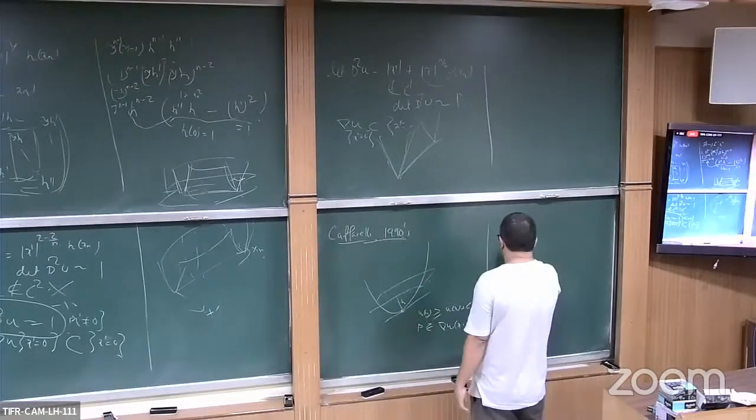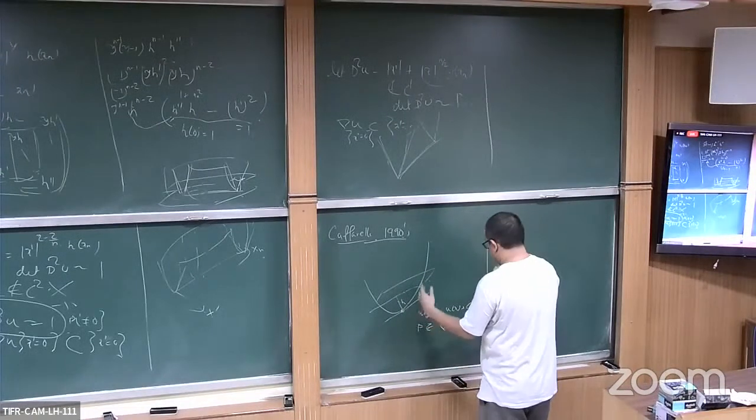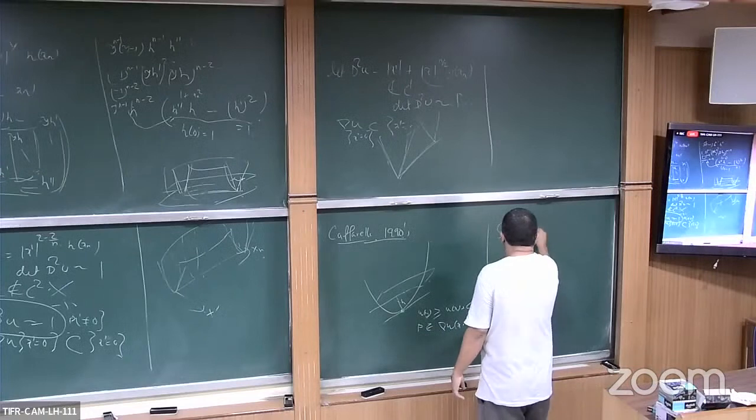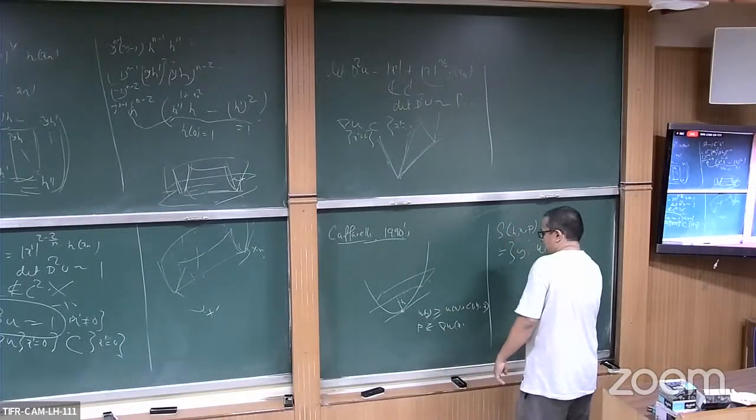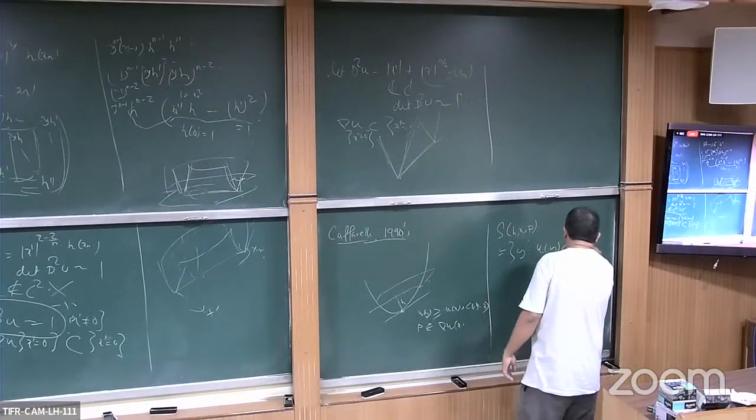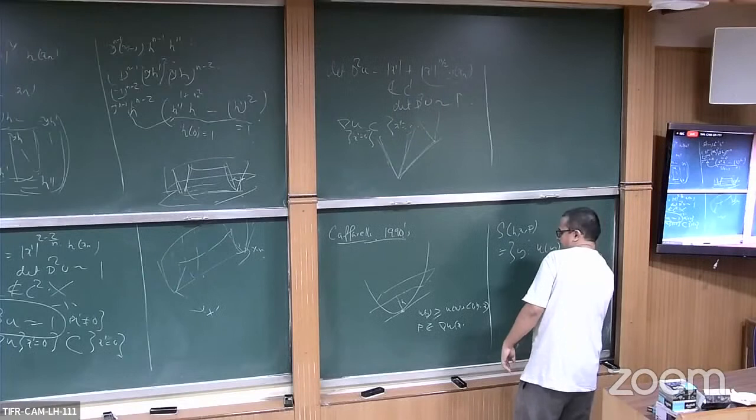So I look at the section S_h(x,p), which is the set of all y such that u of y is less than u of x plus p dot (y minus x) plus h.